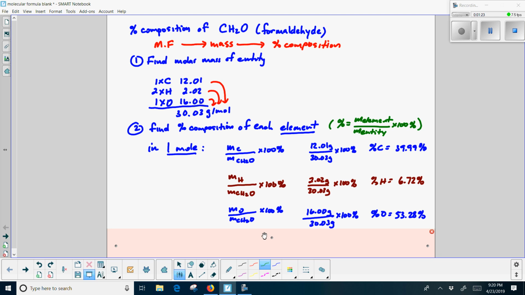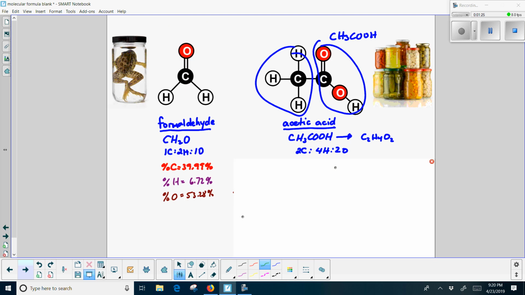So now that we've done that, let's look at this. I've got formaldehyde. We just determined the percent composition for formaldehyde. How about acetic acid? Now, we looked at this the other day. Acetic acid has the same proportion of each of the elements. Formaldehyde has 1 carbon for every 2 hydrogens for every 1 oxygen.